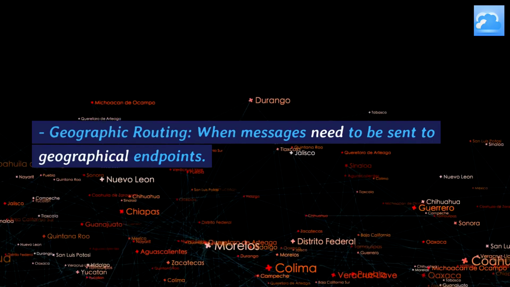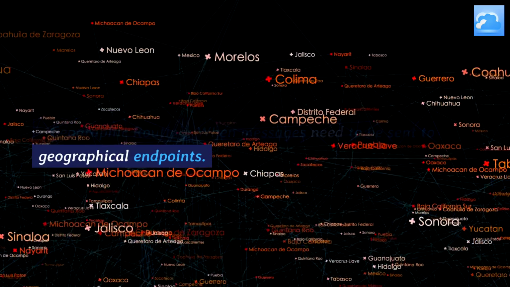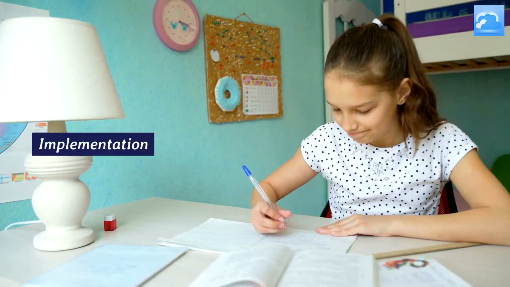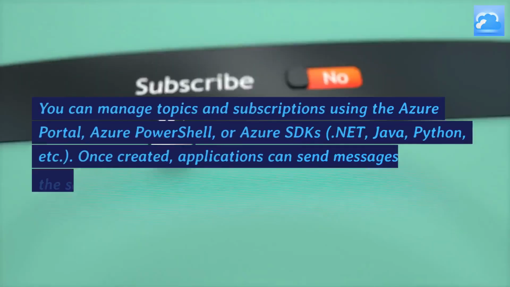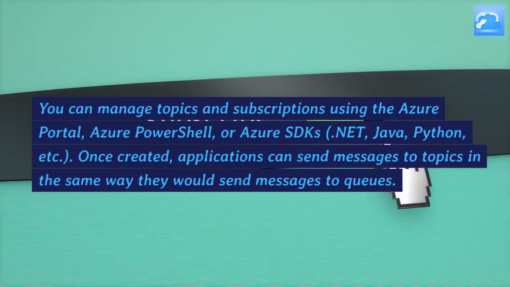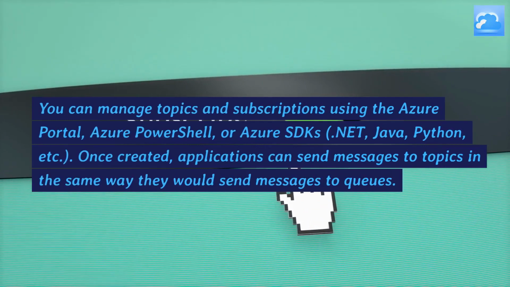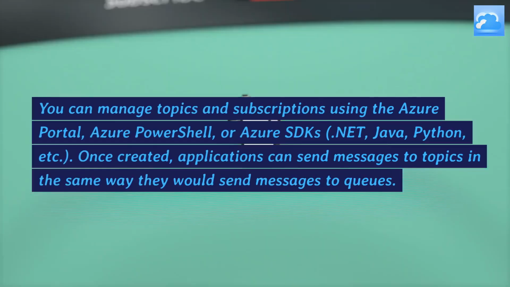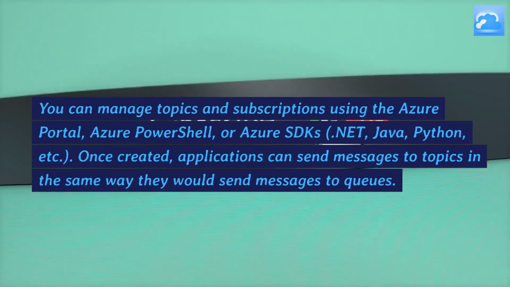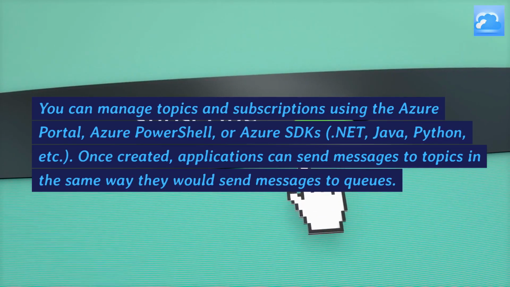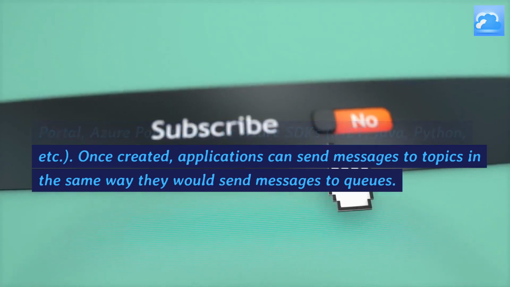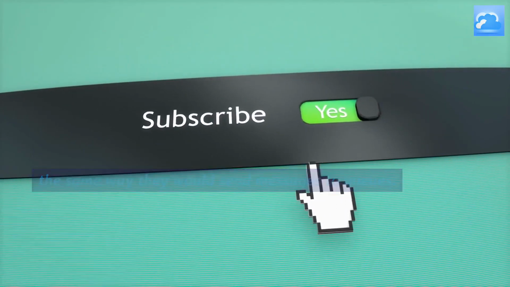Geographic routing, when messages need to be sent to geographical endpoints. Implementation. You can manage topics and subscriptions using the Azure Portal, Azure PowerShell, or Azure SDKs: .NET, Java, Python, etc. Once created, applications can send messages to topics in the same way they would send messages to queues.